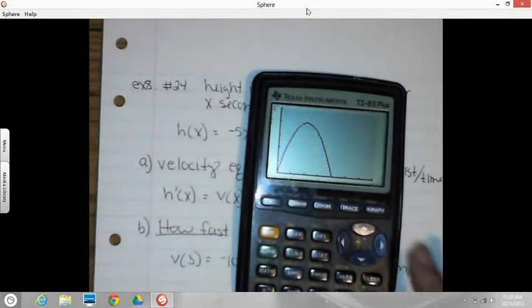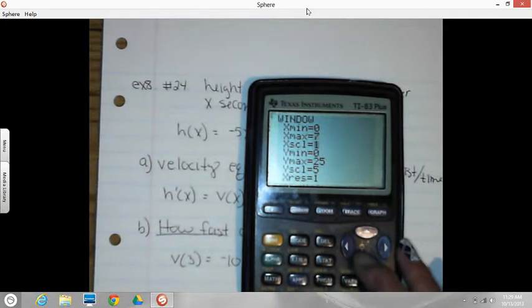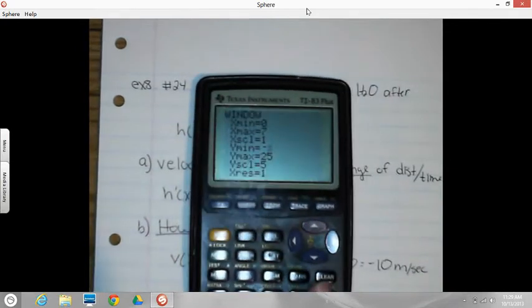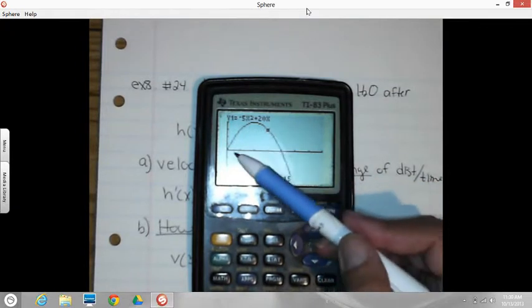Let's see, go back to this. I'm going to have to see down in the negatives here. Negative 20 will go to. So if I was to trace on this distance graph, it's going to tell me the distance that it's at from me. So trace to 3. There's the distance. It's 15 feet above where I'm standing, but it's moving at negative 10 meters per second.